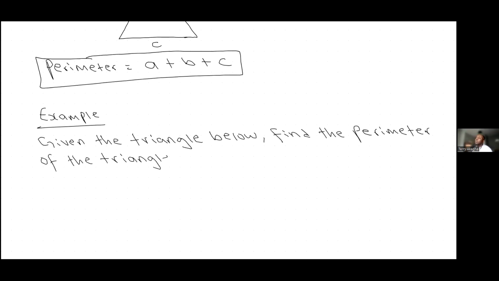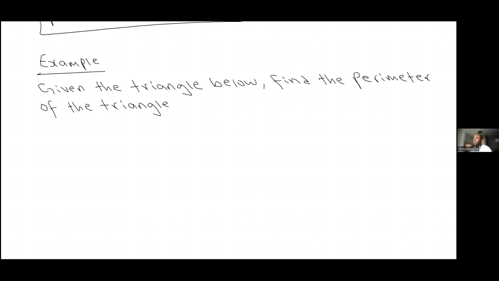We have a triangle like this. We're told this side is 70 centimeters, this side is 50 centimeters, and this side is 30 centimeters. So how do you find the perimeter?